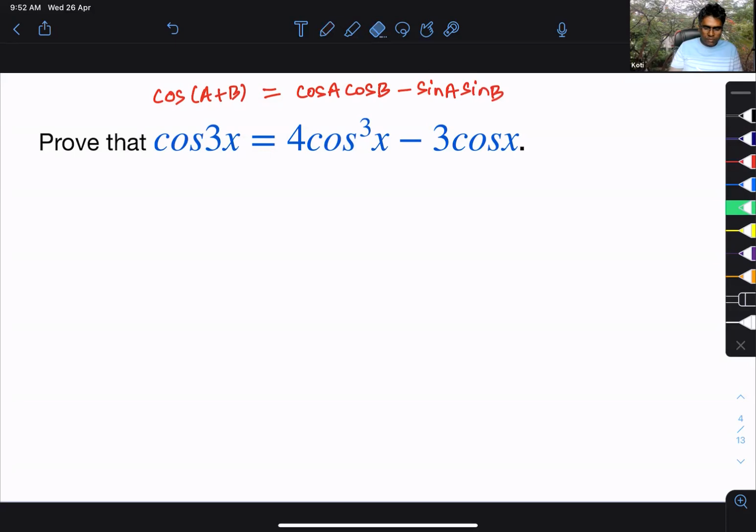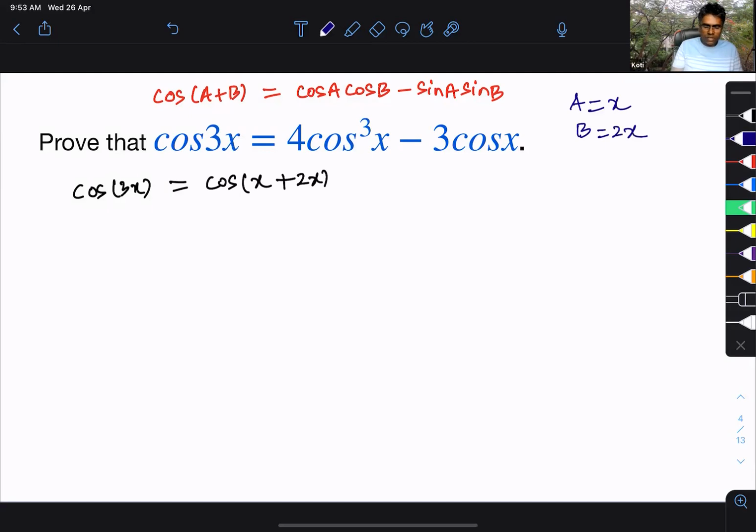Now I can split my cos of 3x again as cos of x plus 2x. Now what is my a? My a is x here and b is 2x.